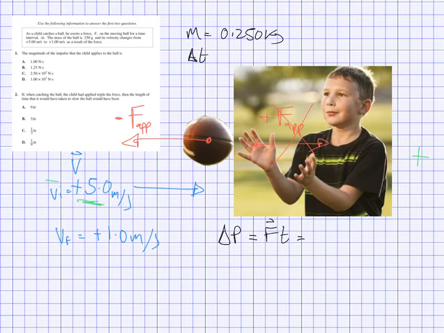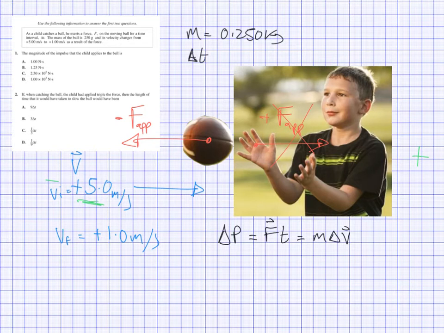We know that momentum is mv, so we can talk about this as an m delta v. And that's where I think we're going to head with this question, because we have a changing velocity and we have a mass. So if we multiply our mass by the change in velocity, we're going to get the change in momentum, which is the impulse, and that's what we're looking for.